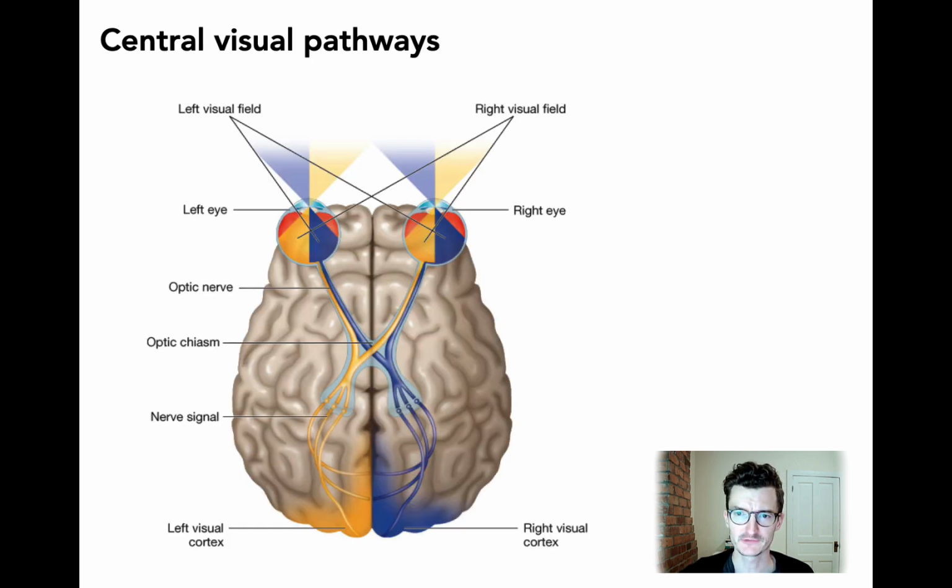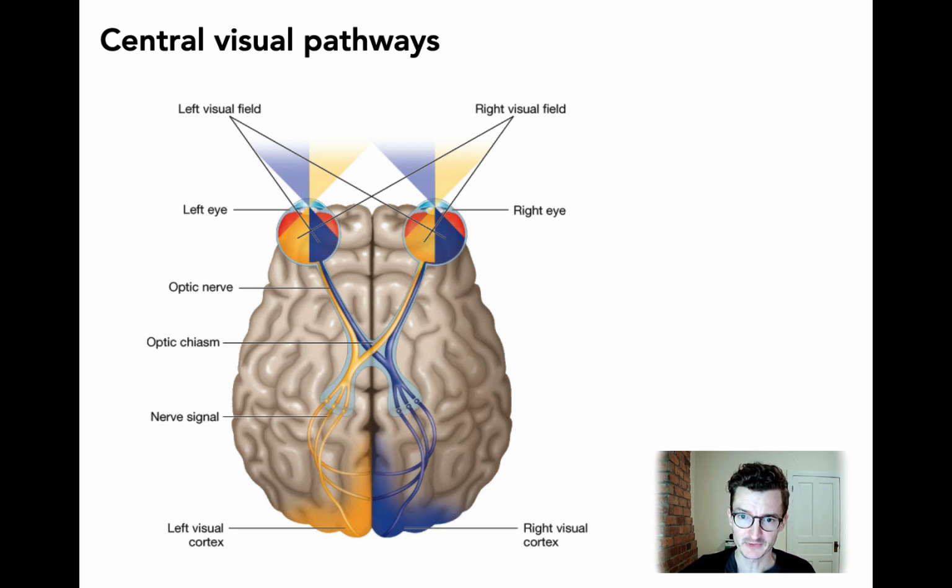So to start, let's just quickly review how information gets from the retinas in each eye to the occipital lobe, to primary visual cortex. So we have two eyes facing forward. There's some overlap in our visual field. So each eye receives information from both the left and the right visual field.